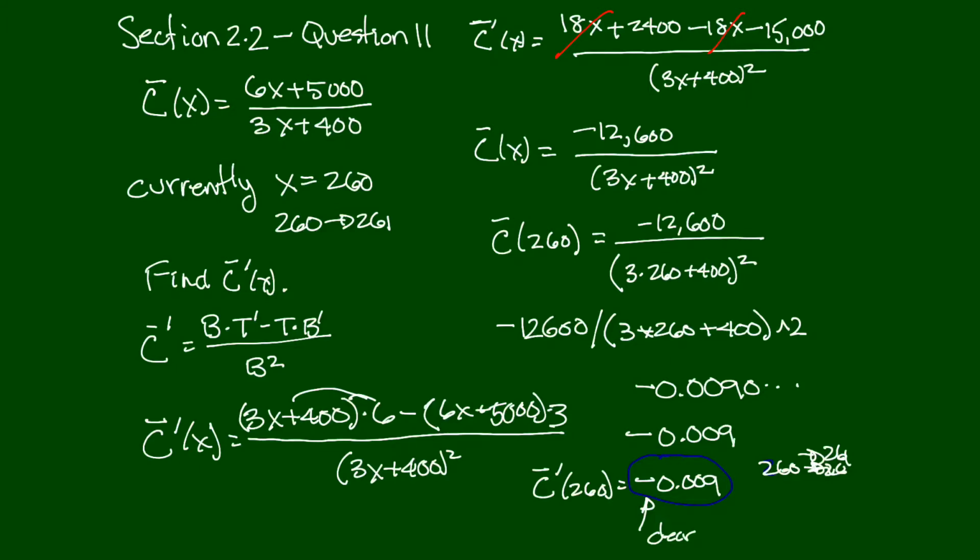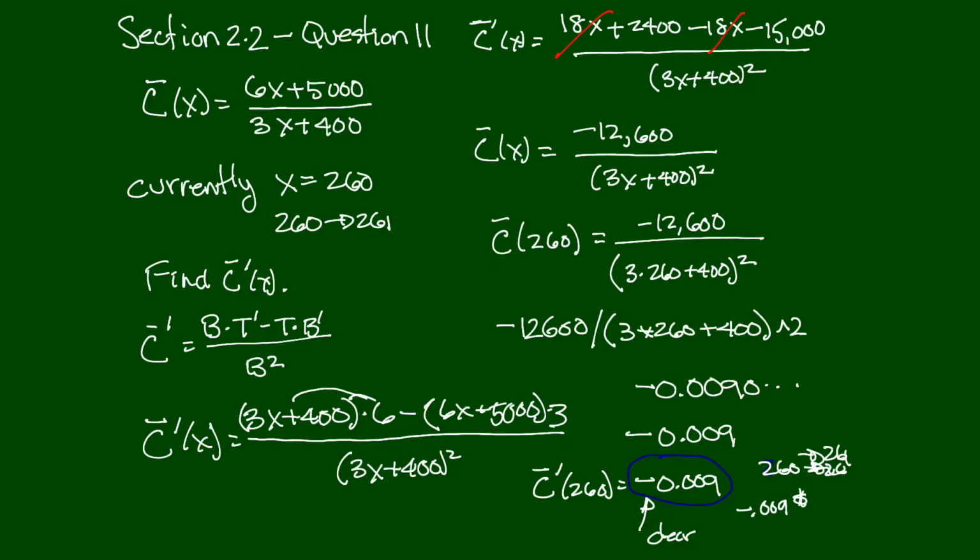The cost is going to decrease by about $0.009. Okay, now if we make it dollars, so this is negative $0.009, well, it's not even a cent, right? So it goes down just a little bit.